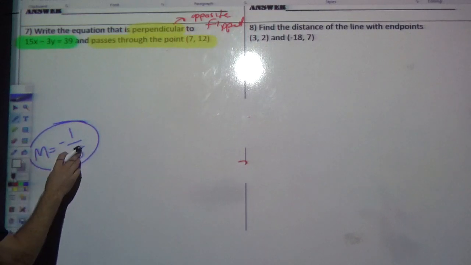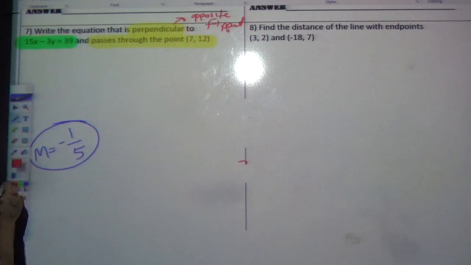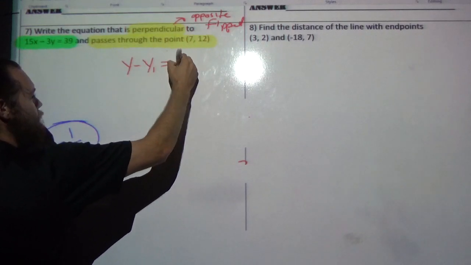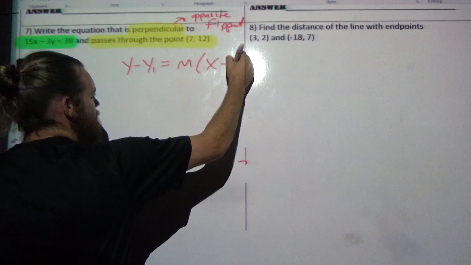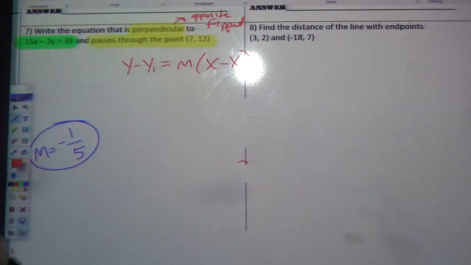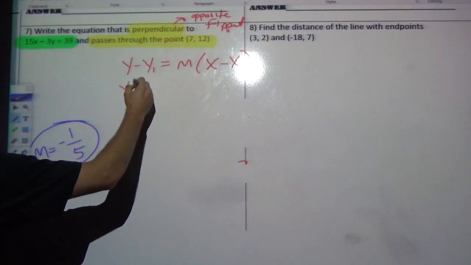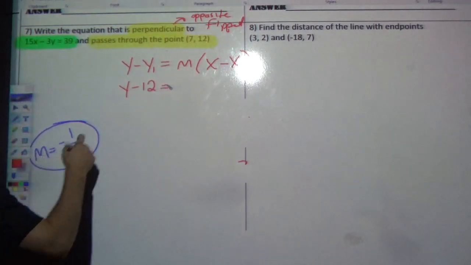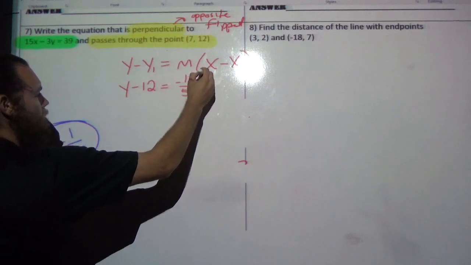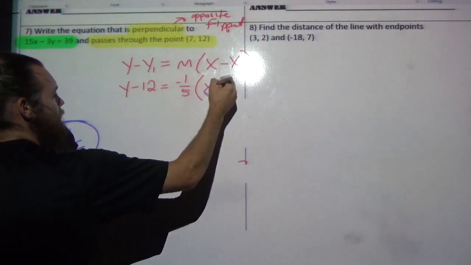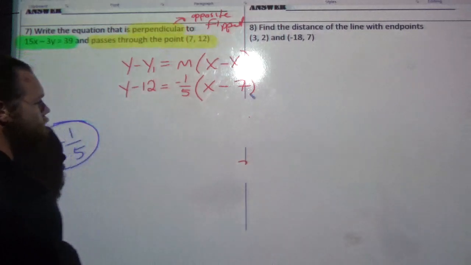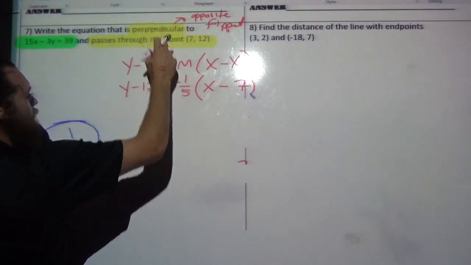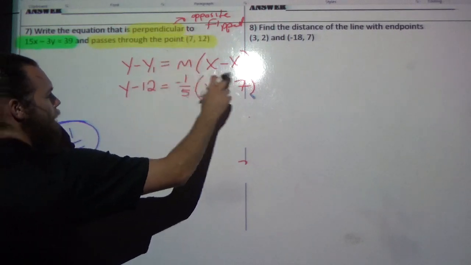So we have a slope, we have a point, so you're going to use point-slope form: y minus y1 is equal to m times x minus x1. y minus 12 is equal to your slope, which is negative 1 over 5, times x minus 7. All I did was plug in your new stuff, the perpendicular slope and the point we're passing through.